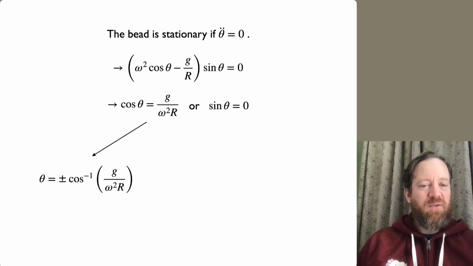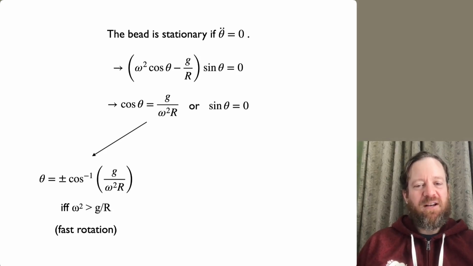Now that equation only holds in certain circumstances. The cosine of theta has a maximum value of 1. So what we have here, g over omega squared r, is going to have to be less than 1.